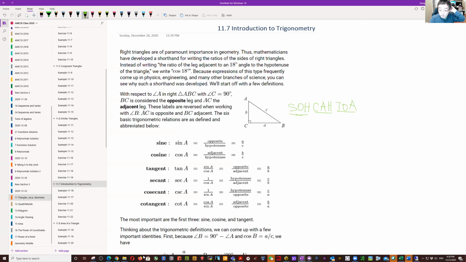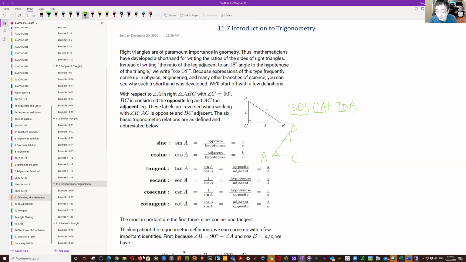CAH sounds like coughing, and TOA. We are not going to label the sides of the triangle this way. We're going to change the orientation. So A is still going to be here, C is still going to be the right angle, and B is going to be here.